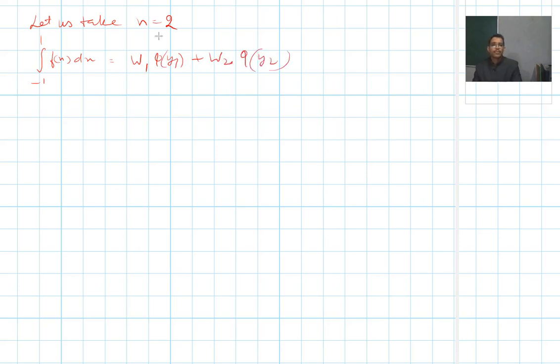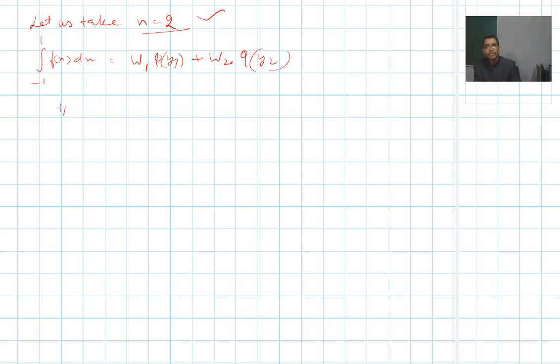Therefore the integral from -1 to 1 of f of x dx is the sum of wi phi(xi), or w1 phi(x1) plus w2 phi(x2), because we have taken n is equal to 2. So these are the 2 points which we are taking, right?